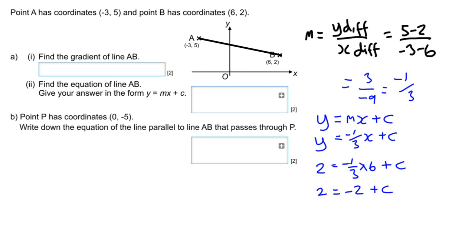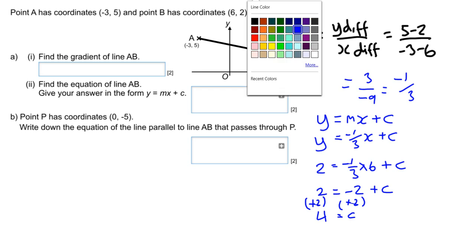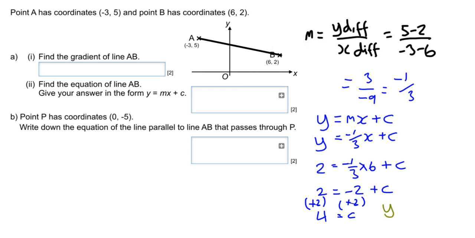Then I can solve this equation by adding 2 to both sides, and that becomes 4 equals c. And that tells me that my equation, let me just change my color to make it a bit clearer, will be y equals -1/3 x plus 4. And that's what I will have as my equation.